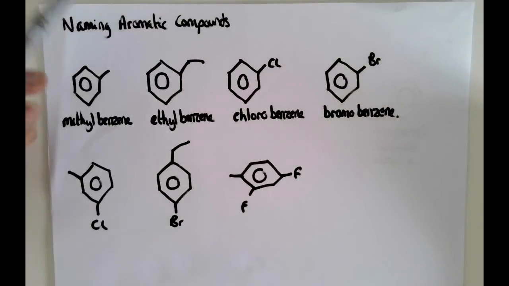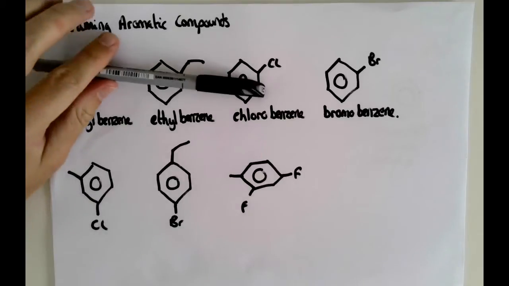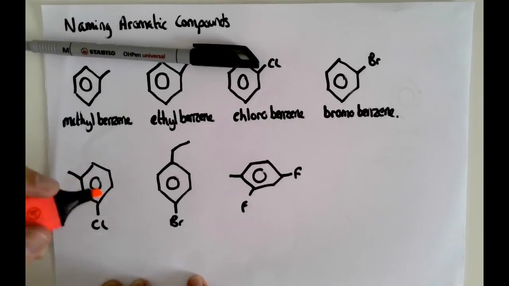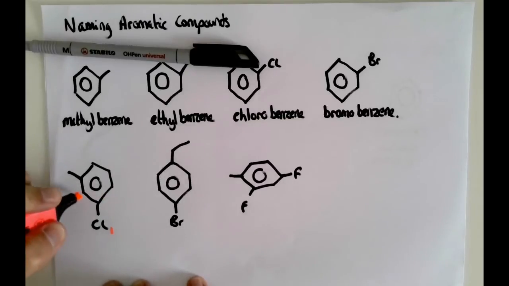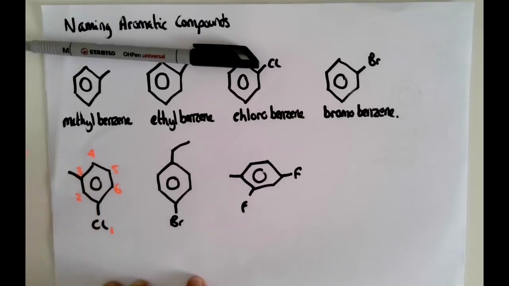So first thing you've got to work out is what has got the highest priority in terms of the substituents. So there's a bit of ambiguity with this, but I think I've seen that halogenoalkanes should get the highest priority. So this should be number 1, and then this would be carbon number 2, carbon number 3, 4, 5, and 6.